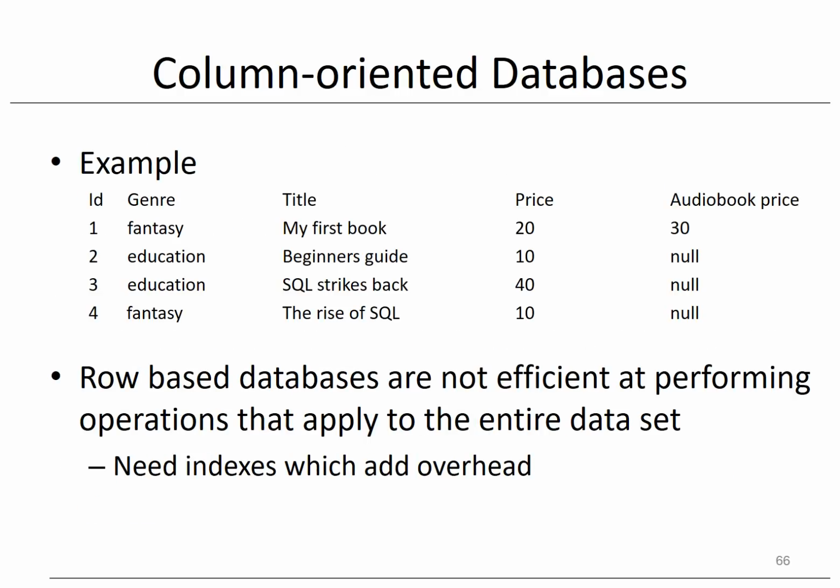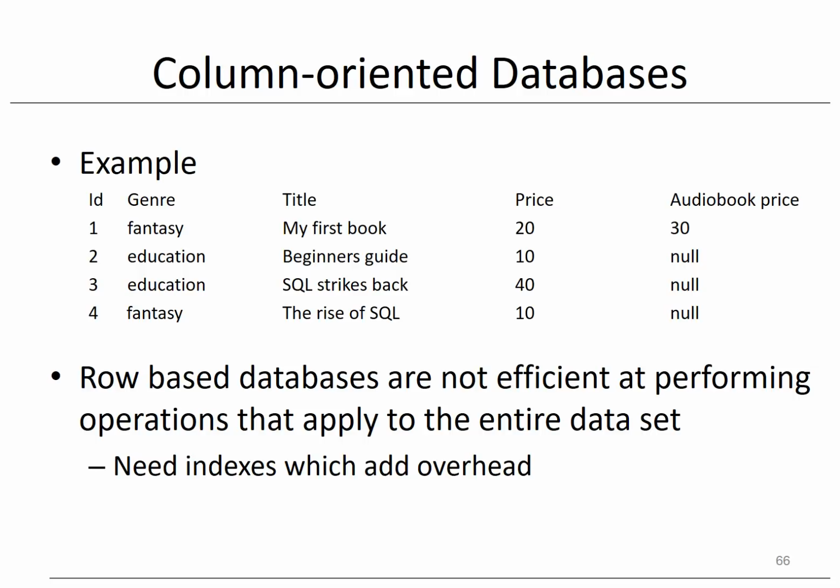To illustrate the basic workings of a column-oriented database, imagine a database system containing the rows you see here. A row-based system is designed to efficiently return data for an entire row, which matches the common use case where users wish to retrieve information about a particular object or entity, such as a book with ID 3.